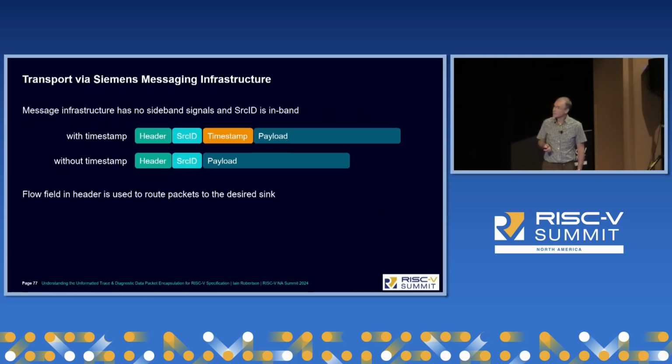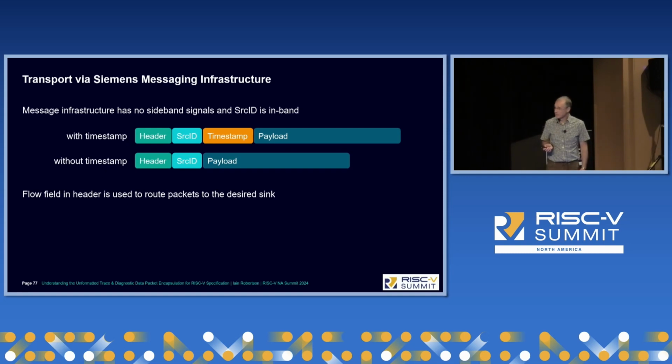Another example is the messaging infrastructure used by the Siemens Embedded Analytics IP. In this case, there are no sideband signals, just valid and ready in data. So all of the packet contents have to be in band, and the source ID would be included in the packet.